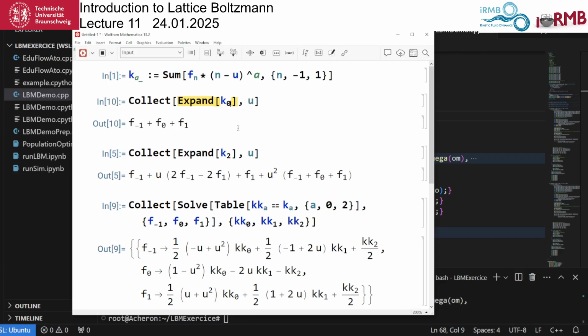Then we have the first moment, which looks like this, and we would have a second moment. So they look like this. Okay, I've done this here.